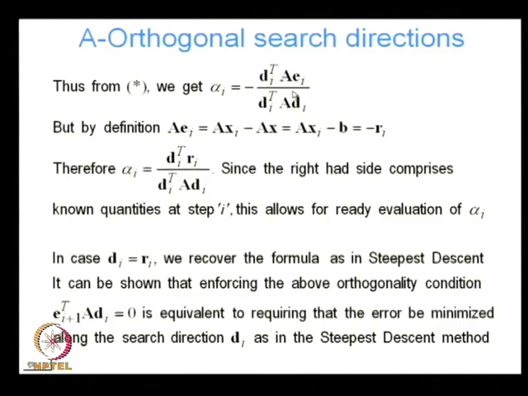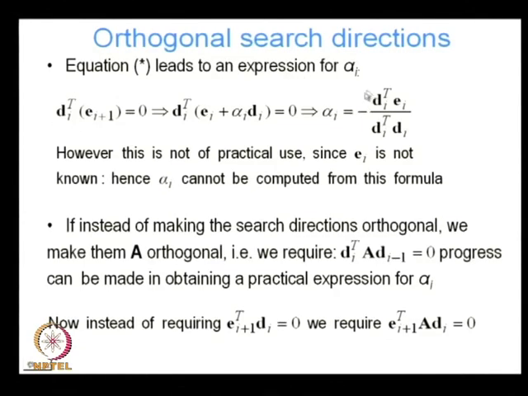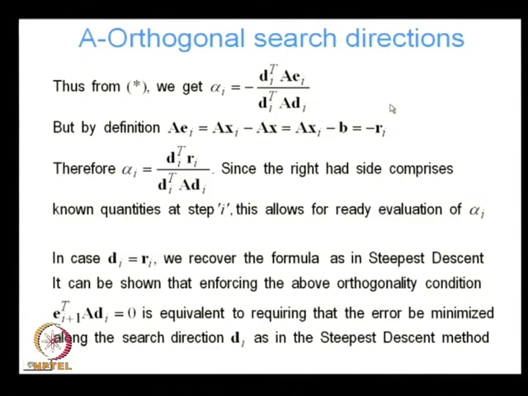Compare this expression with my earlier expression. The only thing that has come in is A, and this changes the whole thing, because I know that A ei is ri, because A ei is equal to A xi minus A x, where x is my true solution, and I know A x is equal to b. So, this is A xi minus b, which is nothing but my residual.